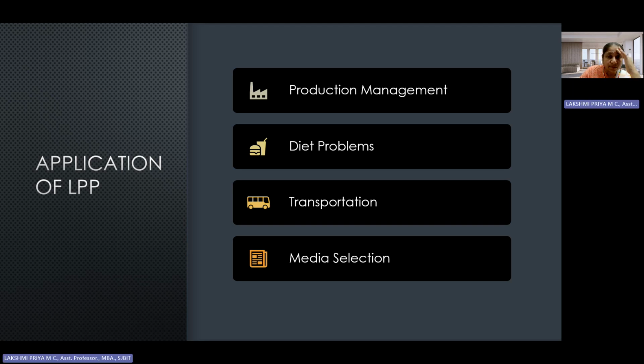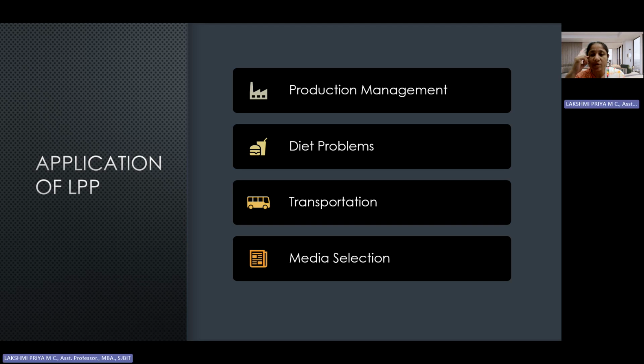In diet problem, the problem is to optimize the nutritional constraints, which is a classic example of constrained optimization problem.